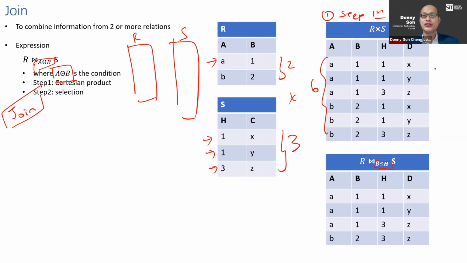The rows that fit will be this one, this one, this one, and this one. These 4 rows will be the output of my join.